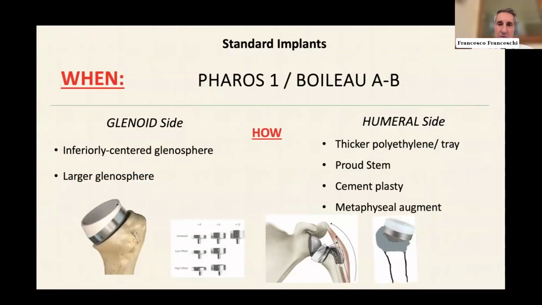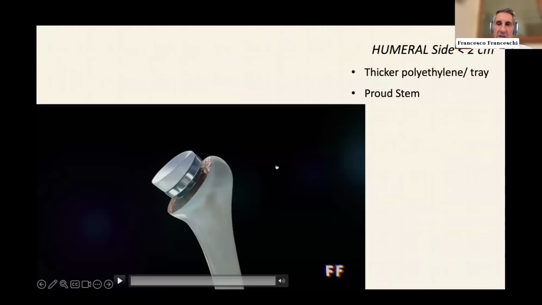In case of Ferros 1, Boileau A and B, at the glenoid side, we can increase the lateralization of the glenosphere, or we can use an inferior eccentric glenosphere to increase the stability of the implant. Instead, at the humeral side, we can use a thicker polyethylene, or we can use a proud stem, or we can use a cementplasty.